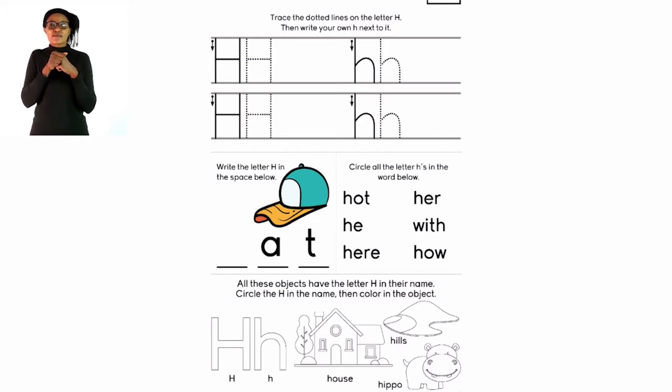So now you must circle only the H. You don't circle the whole word. You just circle the H, the small letter H. The next word under is he. Does he start with the H? Yes. So we circle only the H.